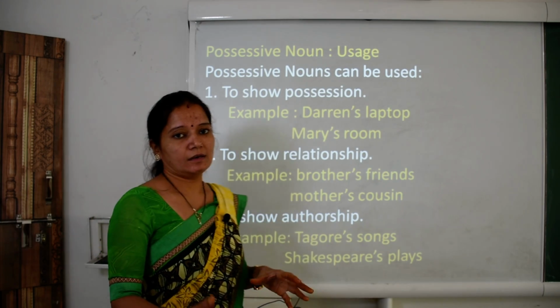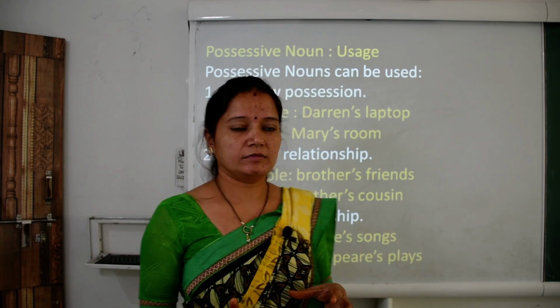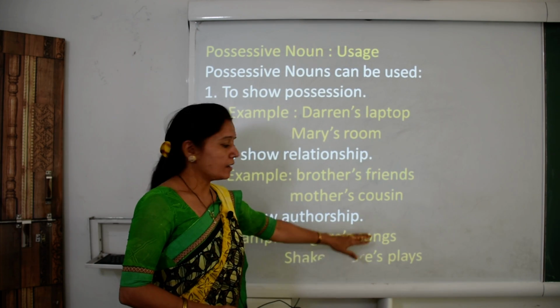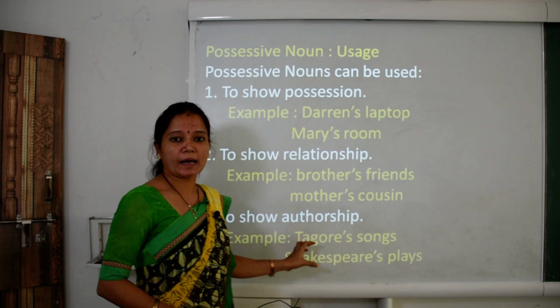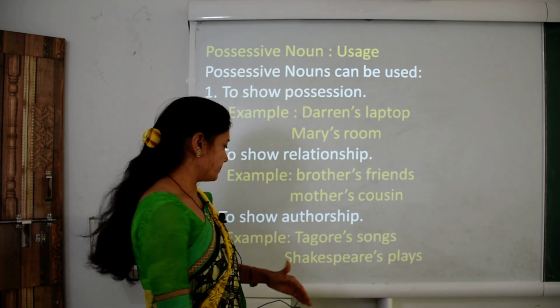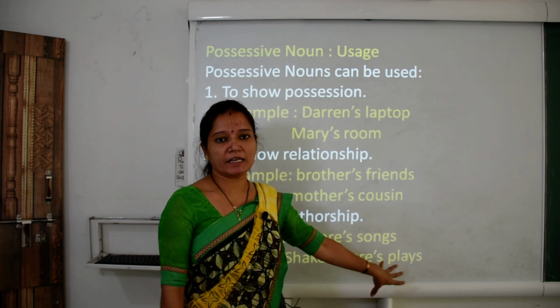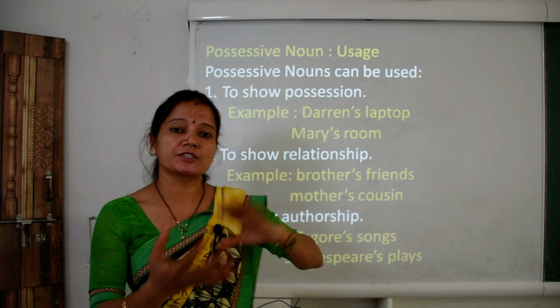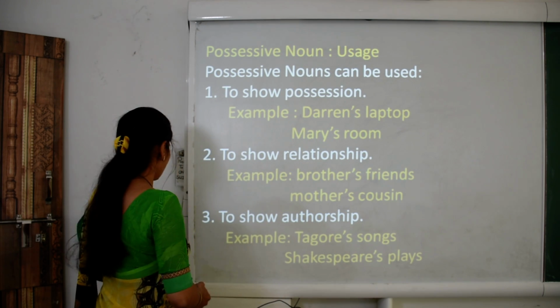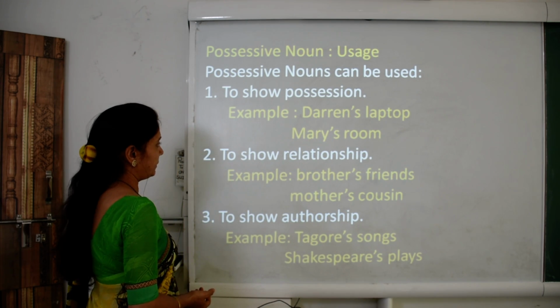Authorship means the writer of that, the creator. Okay. Let's see the example. Tagore's songs. Okay. Means these songs are written by Tagore. Tagore is the author of those songs. Next, Shakespeare's plays. Okay, so those plays are written by Shakespeare. So Shakespeare is the author of those plays.